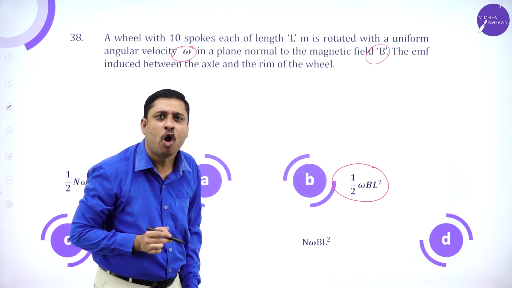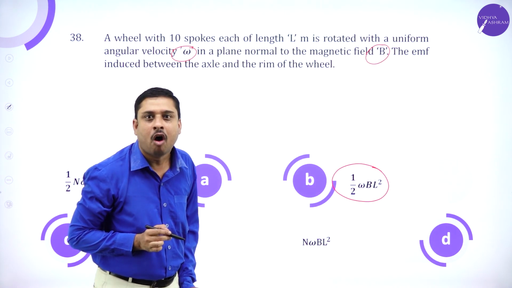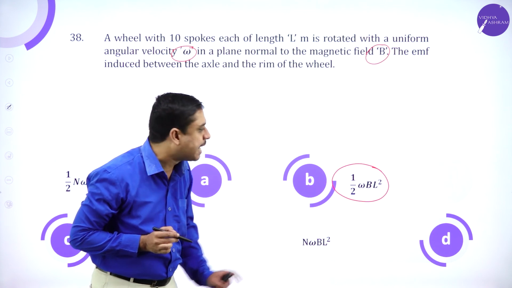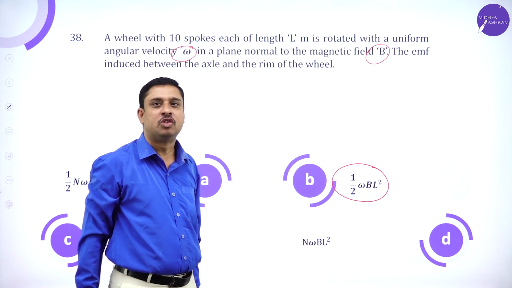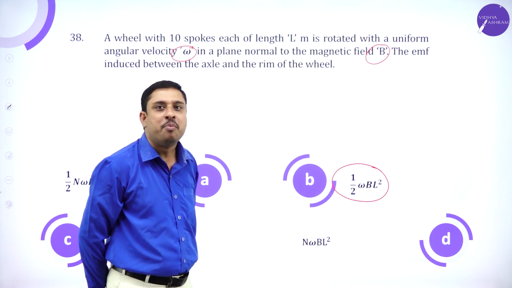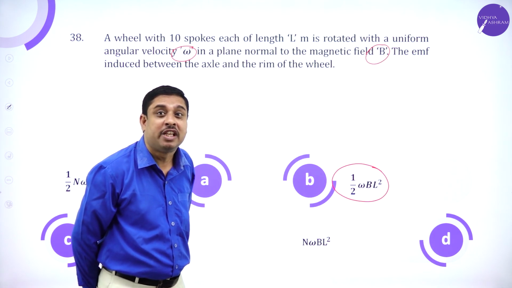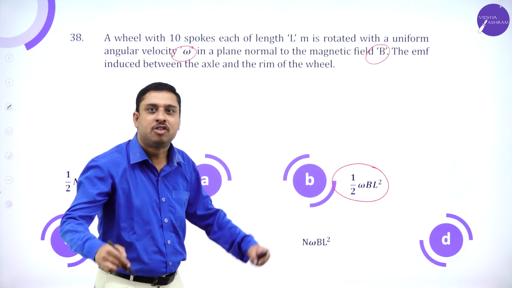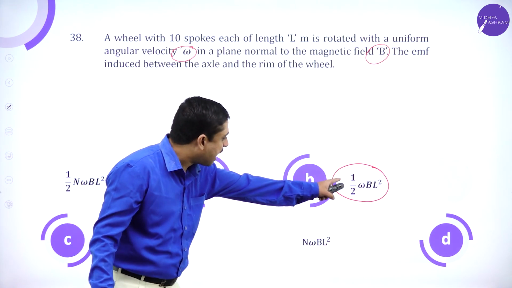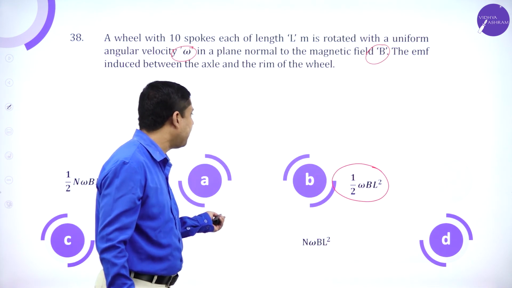For any hollow circular ring, keep in mind, EMF induced is half omega BL square, irrespective of the number of spokes, 10, 20, 30. So the answer has to be B.